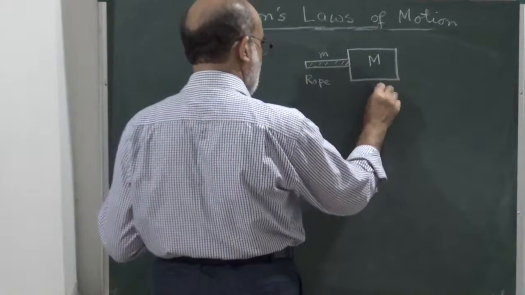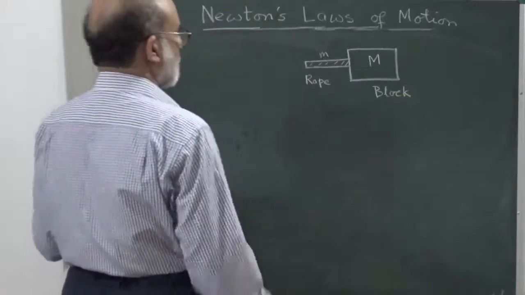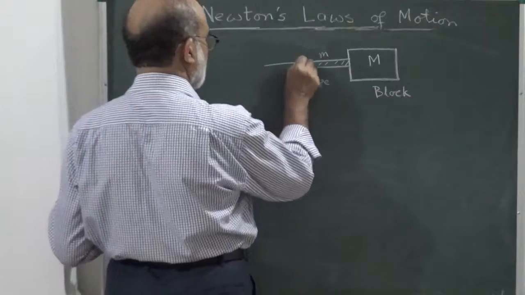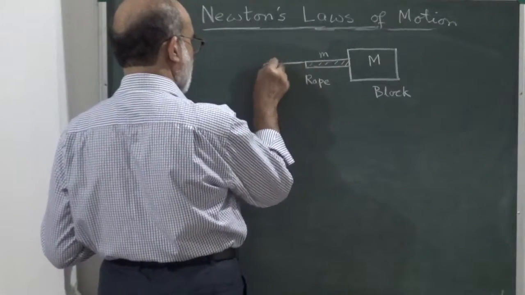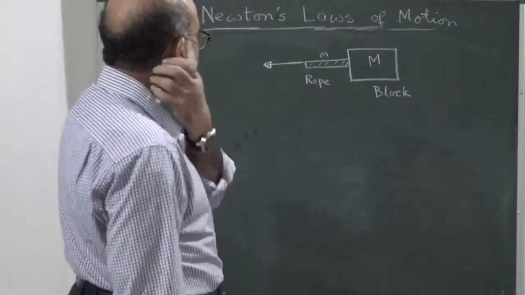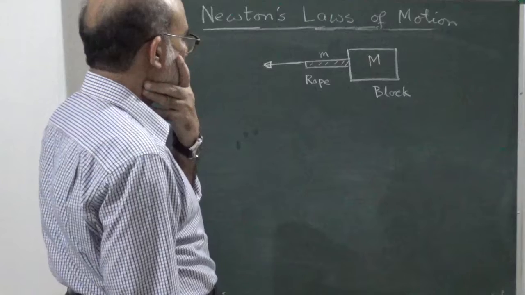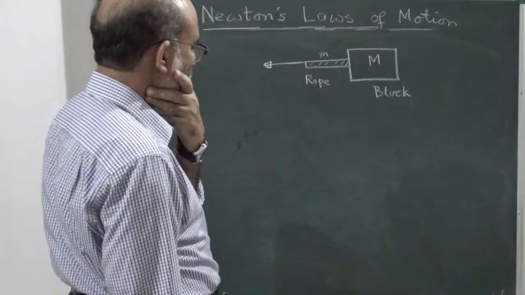This is a block. Now suppose that an external force is applied here. So we have two separate objects, one is the rope and one is the block.